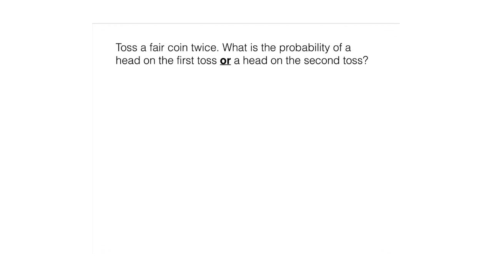Well, in order to solve this problem, let's let A be the event of a head on the first toss. And this event has two possibilities: 2 heads in a row, head followed by a head, or head on the first toss and a tail on the second toss.